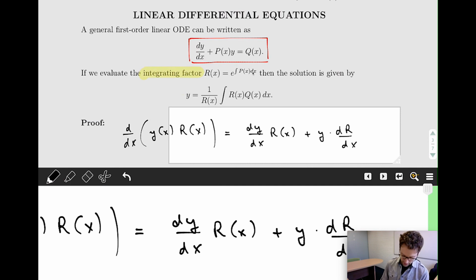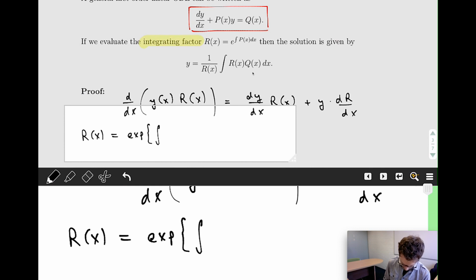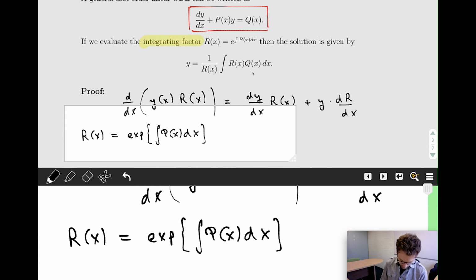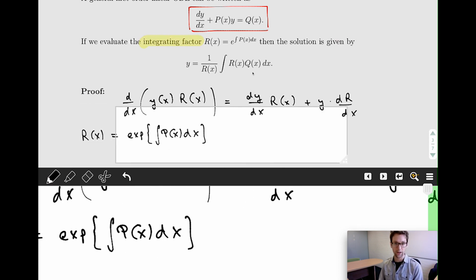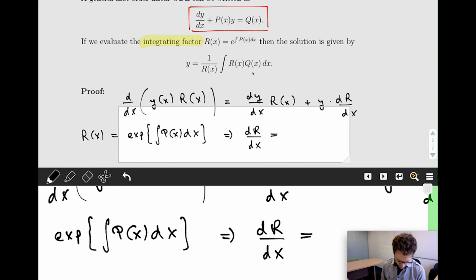Now let's think about what dr/dx might be. Remember, r of x is equal to the exponential, let's write it like this, exp of the integral of p of x dx. How do I take the derivative of that? Well, you see I've got an exponential of a function of x, so I'm going to have to use the chain rule. So dr/dx is going to be equal to the derivative of the integral.